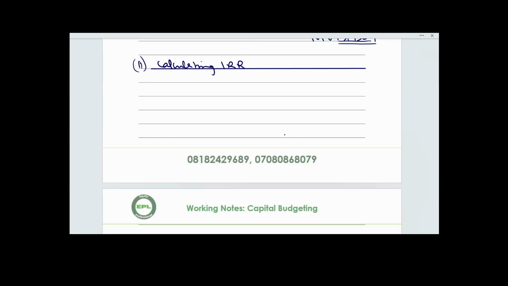Step 3, advise whether the project is financially viable. These are the 3 procedures. So the first thing is to assume 2 discount rates that will produce 2 opposing NPVs. Before that, Kemi is asking a question.